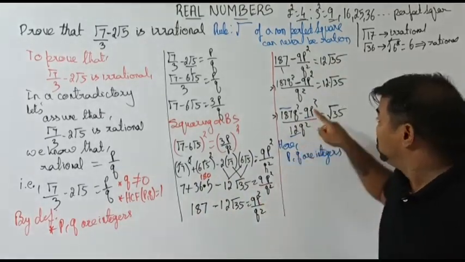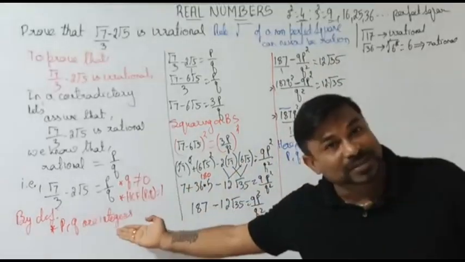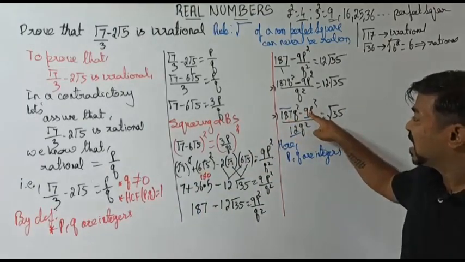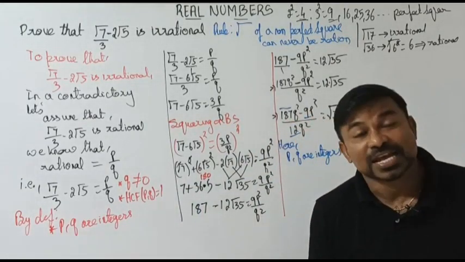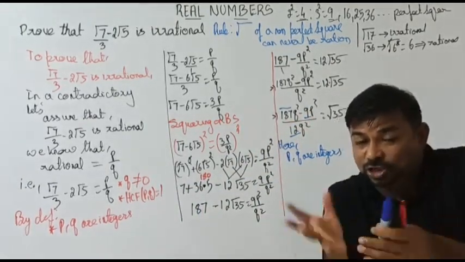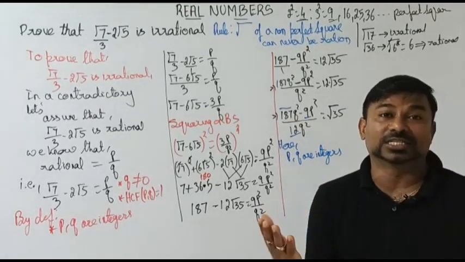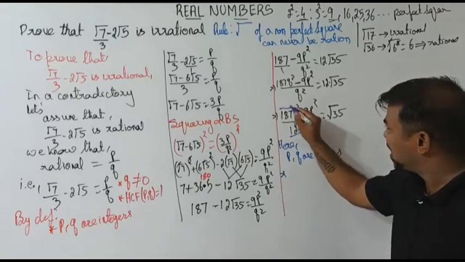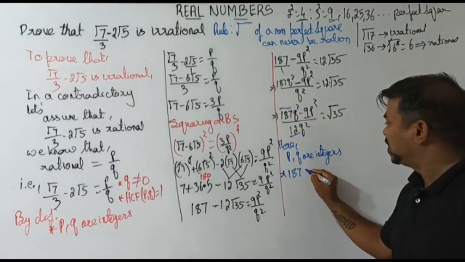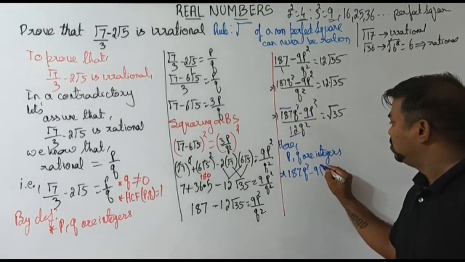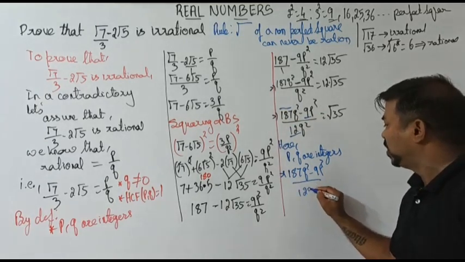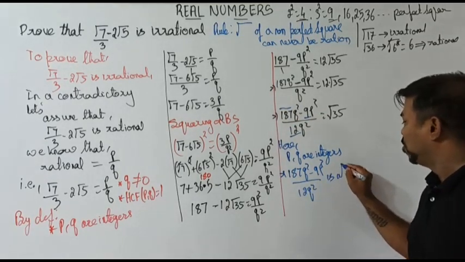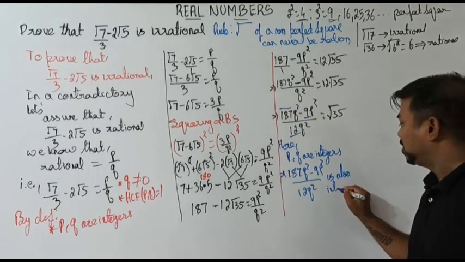Which implies the entire stuff, 187 q square minus 9p square by 12 q square, is also an integer.